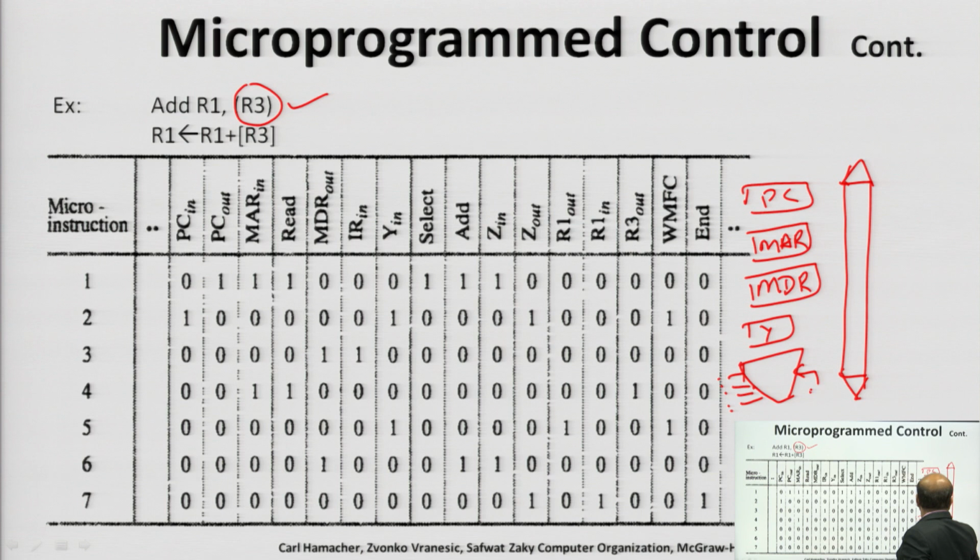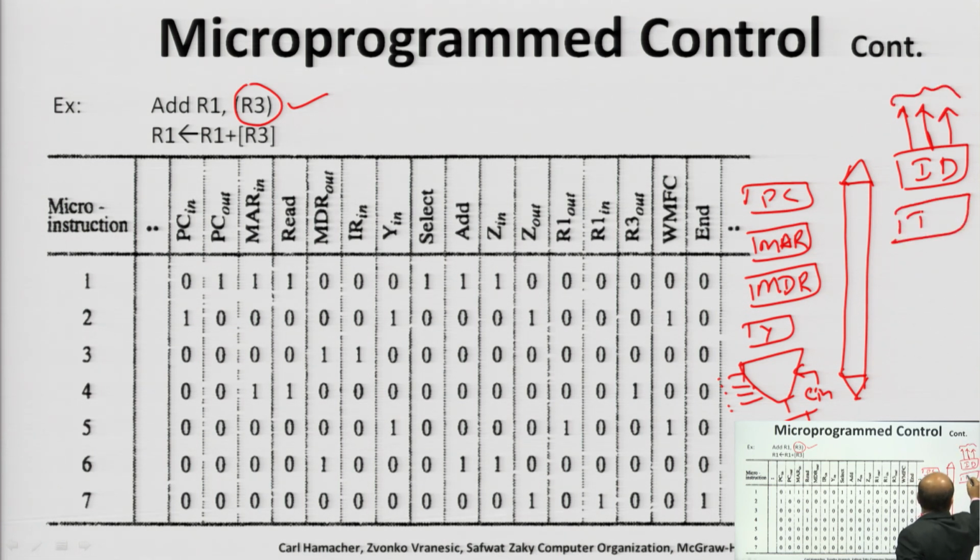There was some input of carry in, it generates some output, and that result will be stored in the Z register. Here you can see the instruction decoder, which generates various types of control signals, and there was the IR instruction register, a few general purpose registers R0 to Rn-1, and some temp register.